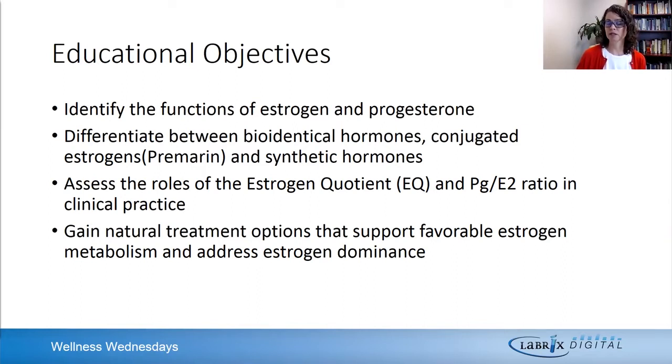We're going to be assessing the roles of the estrogen quotient, which is the EQ, and the PG-E2 ratio in clinical practice. You will gain natural treatment options that support favorable estrogen metabolism and will help you to address estrogen dominance.